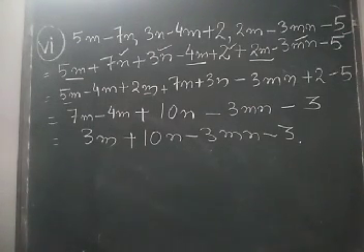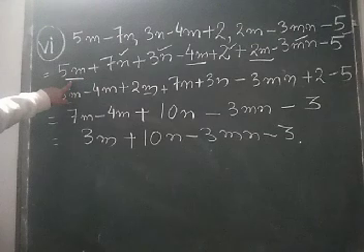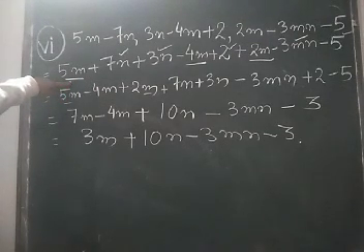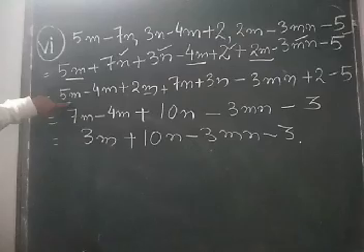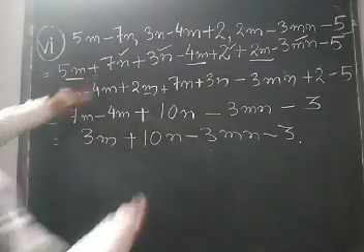I hope we have done correct. 7n plus 7n, sorry, this is minus.